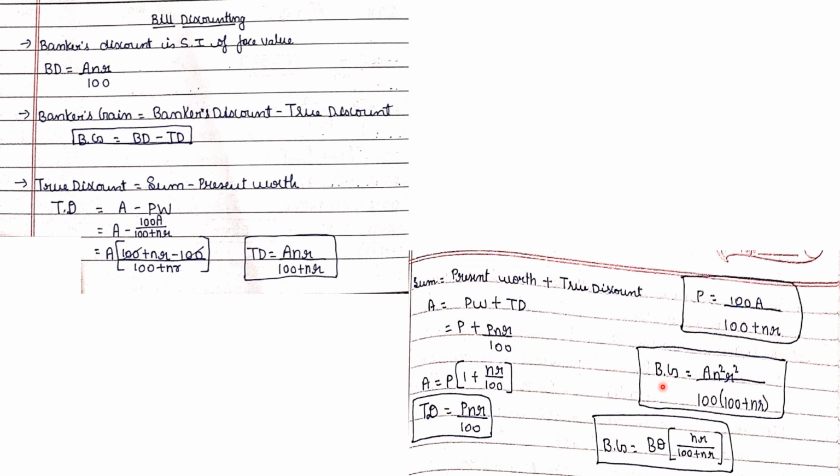One more formula of banker's gain is A into N square into R square divided by 100 into 100 plus NR, and another is BD into NR divided by 100 plus NR. Based on what is given in the question, you choose the formula.